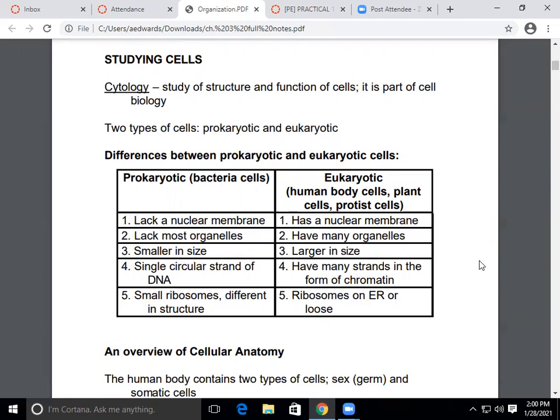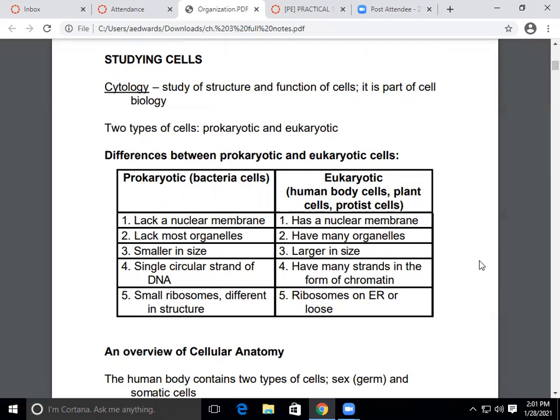You might say prokaryotic cells lack a nuclear membrane in one box. In the other box for eukaryotic, you'd say it has a nuclear membrane. For prokaryotic cells, or bacterial cells, you'd say they lack most organelles, which are the cell parts. Eukaryotic cells are going to have those organelles, most of them.